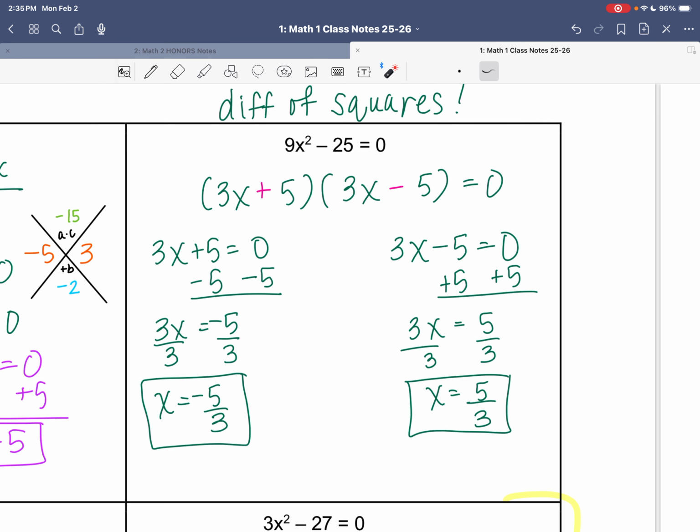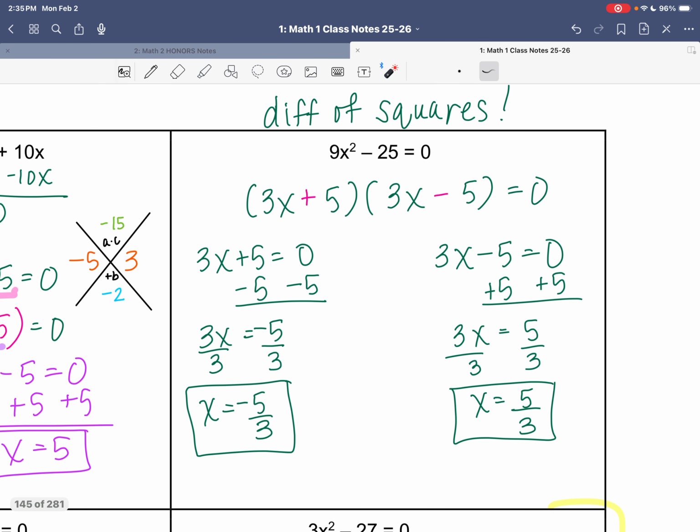And on this one, again, we're going to have a difference of squares because there's no GCF, but 9 is a perfect square. Even exponents are perfect squares. 25 is a perfect square, and it's got a minus sign in the middle.